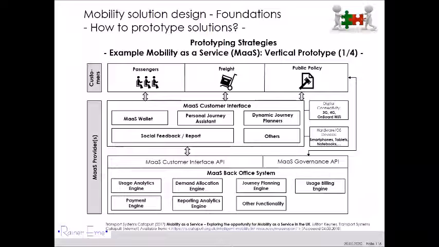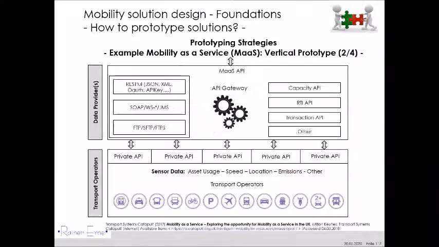They have a journey planning engine, a payment engine, and so on. The data providers provide then the collection and the processing of all the data which are provided by the transport operations. Those are pretty technical terms here, which have to do with transport protocols, so I don't go into detail with this.